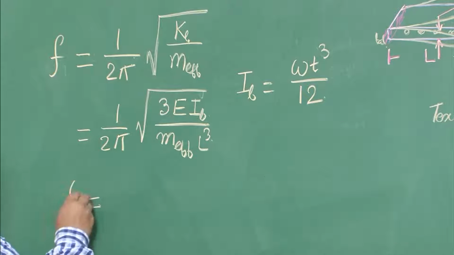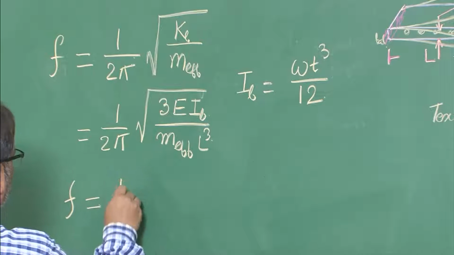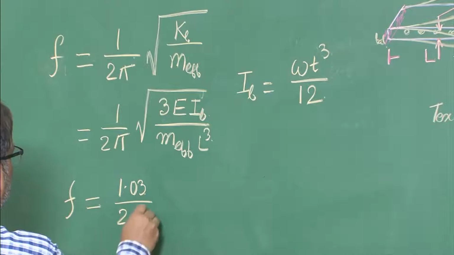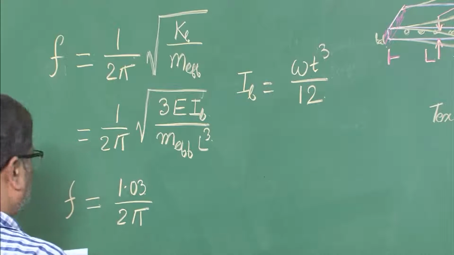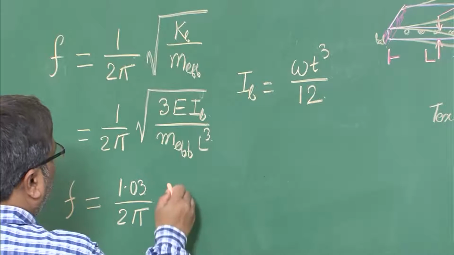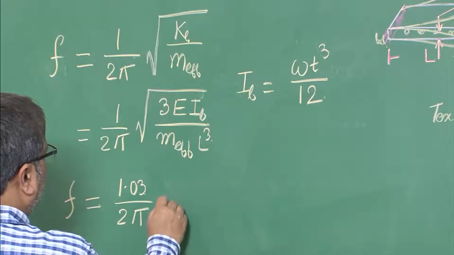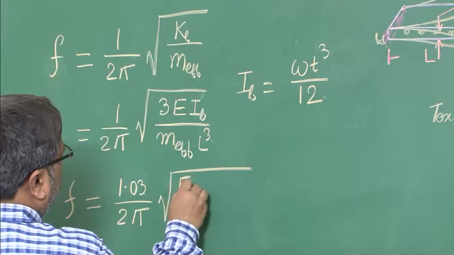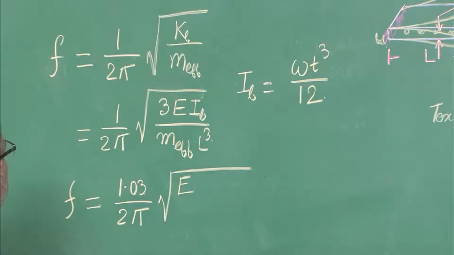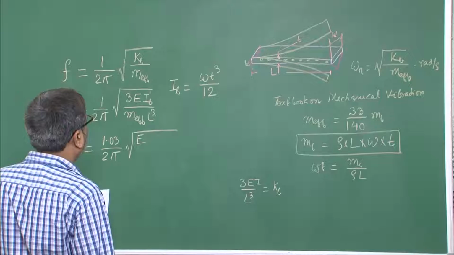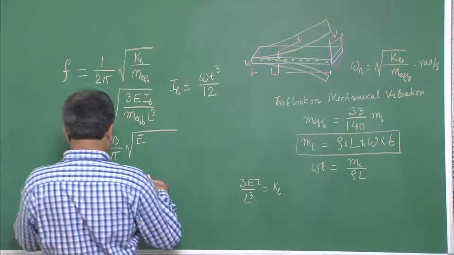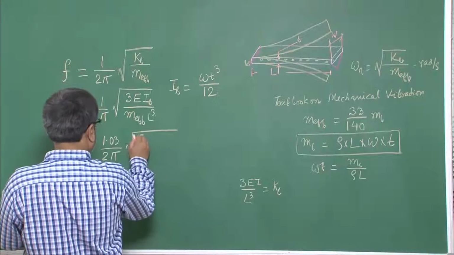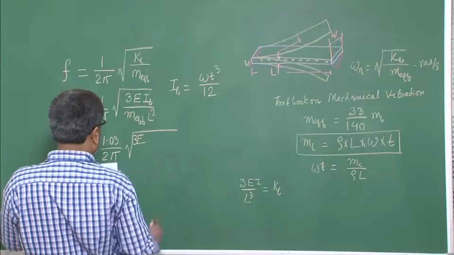So f will be 1.03 divided by 2 pi, that is the square root of 3 we have kept out, okay, and then what is it that we have inside? Let us try to keep all the parameters here, E, and then from I we are getting 3E, that is our 3E term.